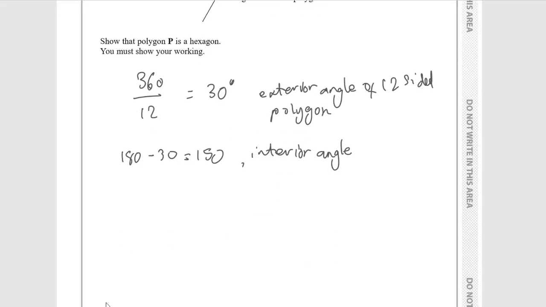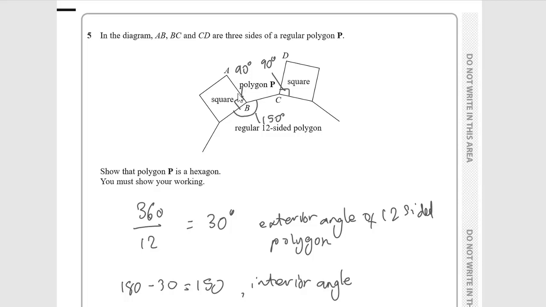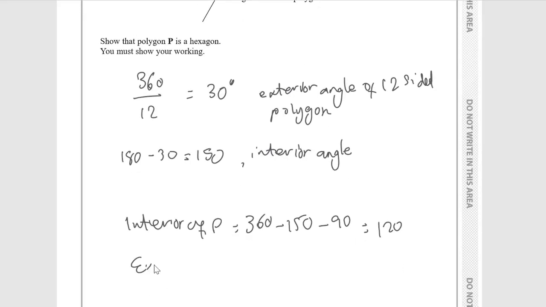And so the interior angle of P is going to be 360, take away 150, take away 90, because that comes from 360, which is the entire rotation, take away the 150, take away the 90, so that gives 120.